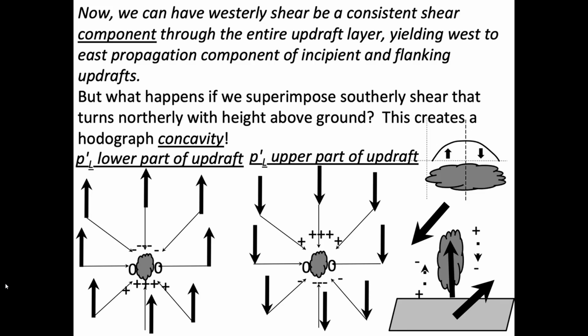And when it's superimposed on this shear profile, in the lower part of the profile we get a positive linear perturbation pressure to the right of the westerly deep shear vector, westerly consistent shear vector, and negative to the north or to the left, that reverses with height above ground.